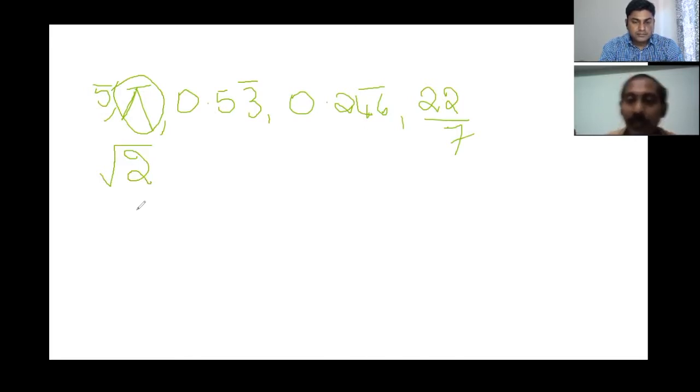Now, let me take one example to find a number like this, where a number is repeating. I'll take one example of, say, 13/75, 13 divided by 75.